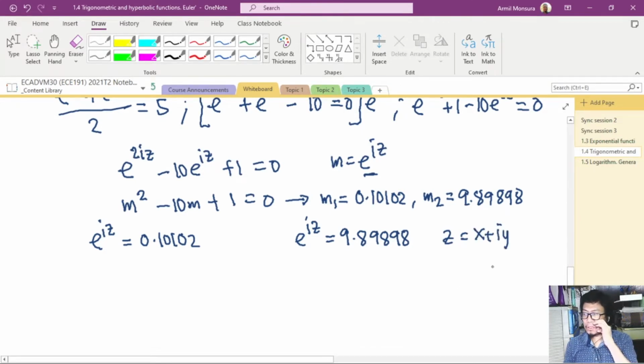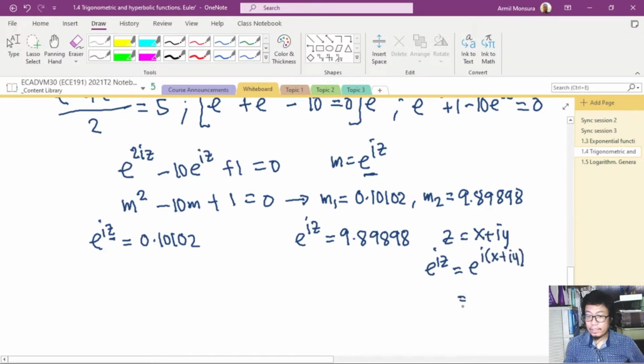We replace z here with this one, so we have e raised to i times (x plus iy).